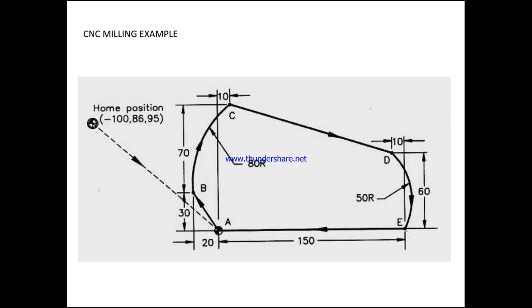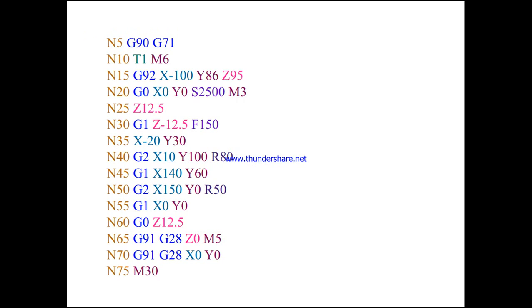The tool has to move 20 in the opposite direction, that is minus 20, and Y is 30 mm, moving from A to B. So Y is 30.